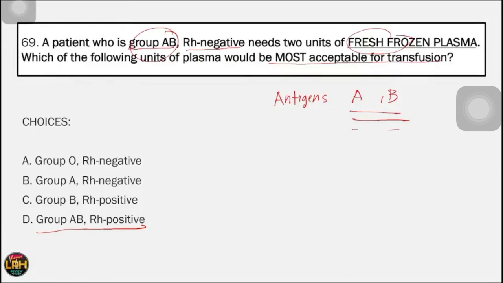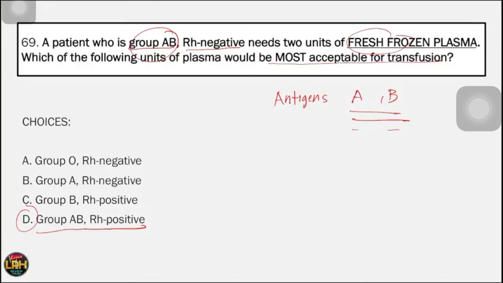Why can't we use Group O? Remember, Group O has anti-A and anti-B, so this would cause an immediate transfusion reaction once transfused to this patient.